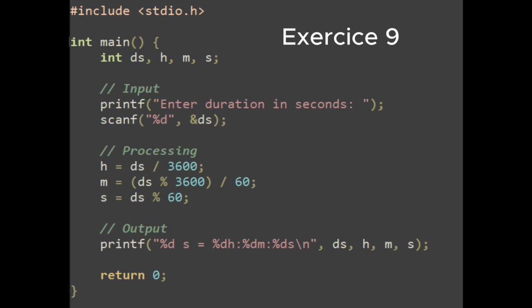Seconds, s, equals ds%60, the remaining seconds. Outputs: display in format H:M:S. Explanation: this logic breaks down the total seconds hierarchically. First, calculate how many full 3,600 second blocks, hours, fit into the input. Then, use modulo % to find the remainder. Calculate how many full 60-second blocks, minutes, fit into that remainder. The final remainder represents the seconds.